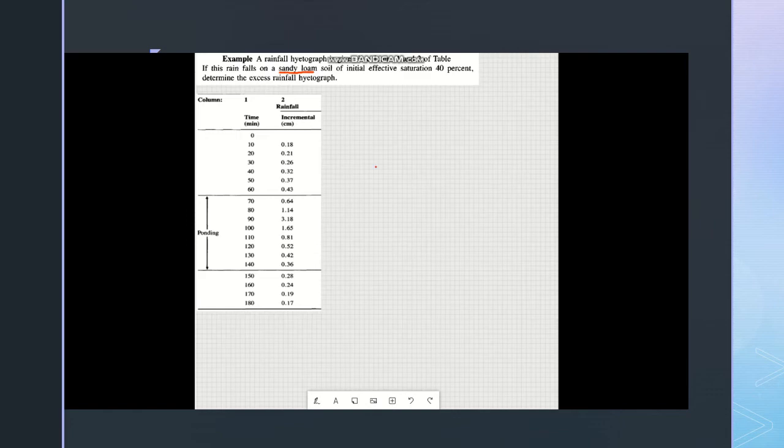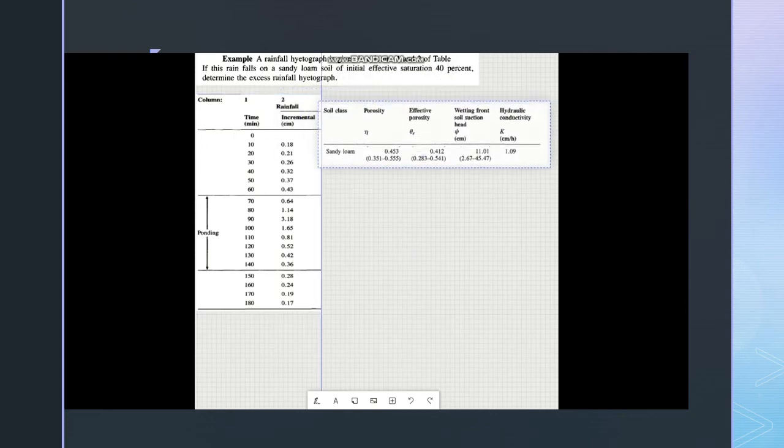It is here, as you see. Let me make it bigger. So we have eta, which is the effective porosity, the wetting front soil suction head, psi, and the hydraulic conductivity, K, given for sandy loam. And right now we are going to calculate the other parameters.